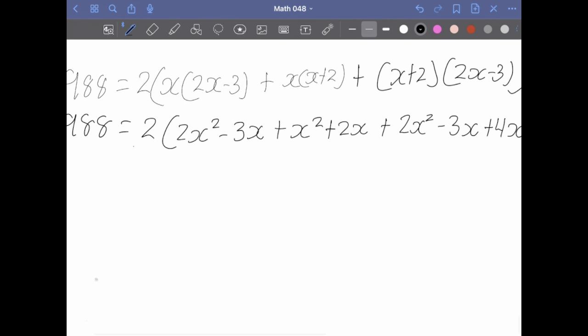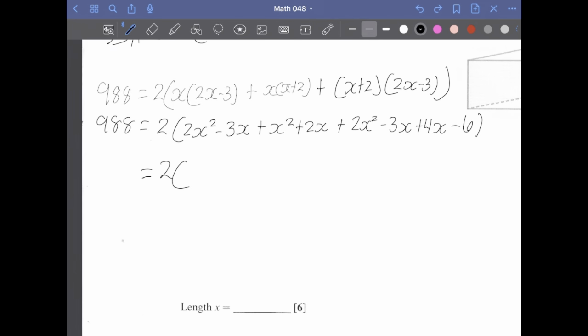Okay, so now we have 2 plus 1 plus 2, that's 5x squared. Let's draw a circle above them so we don't put them in again. Now we have minus 3. Use your calculator.